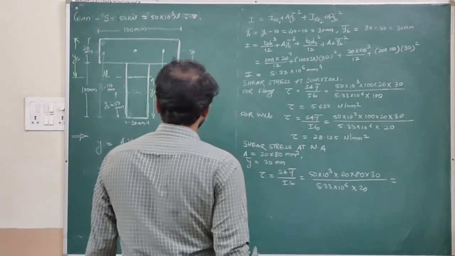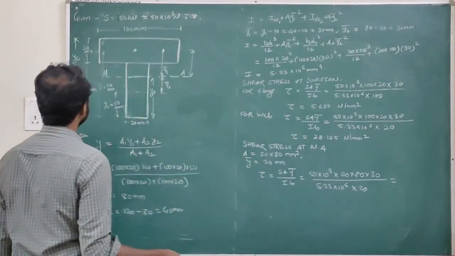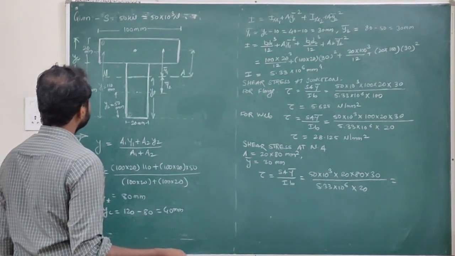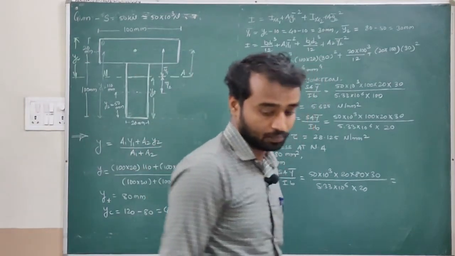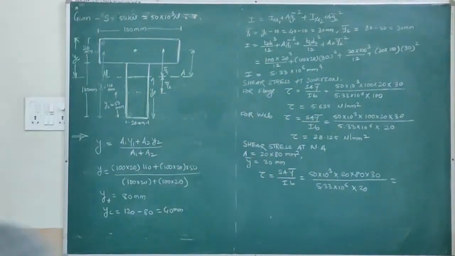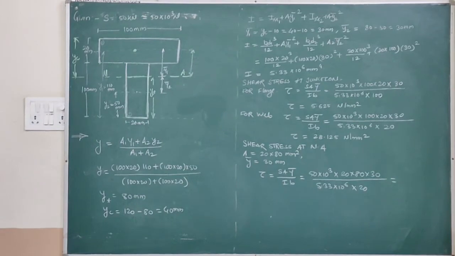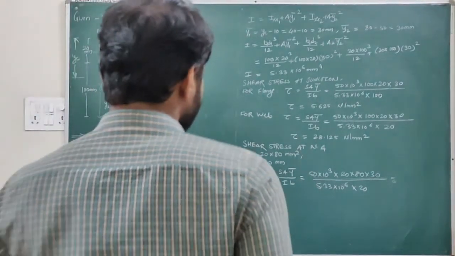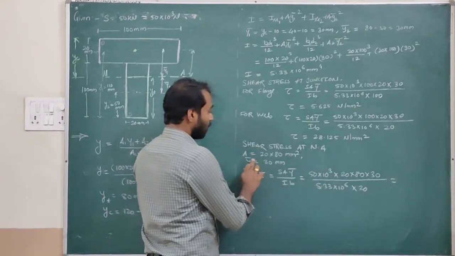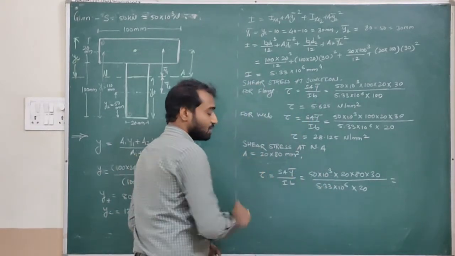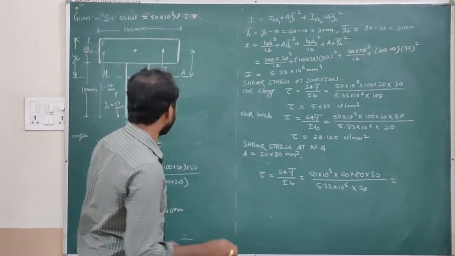I think we have made a mistake here. Sorry, by mistake, you need to modify this y bar. What is y bar? Y bar is the distance of center of gravity of our area.